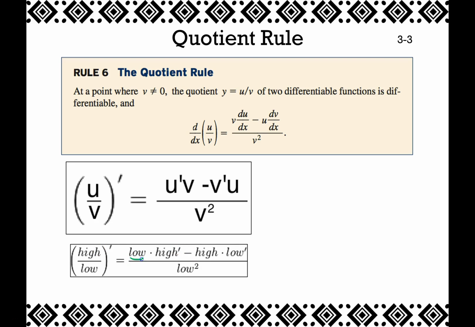So this is low d high minus high d low over low low. So it's kind of a song. I'm going to do it again. Low d high minus high d low over low low. So whichever method works for you. I personally like thinking of just using the product rule with a subtraction sign divided by the denominator squared.